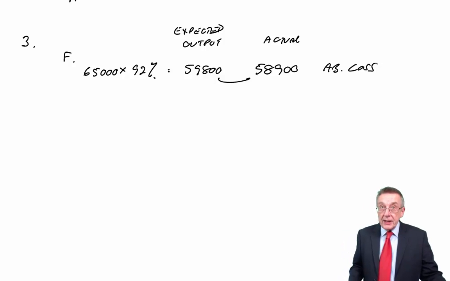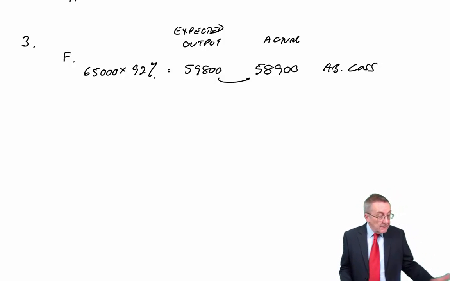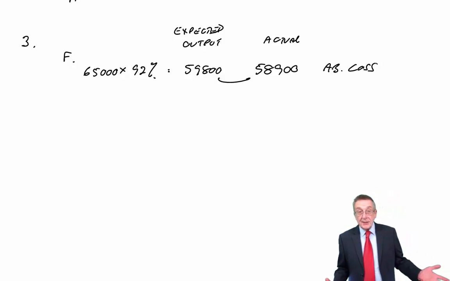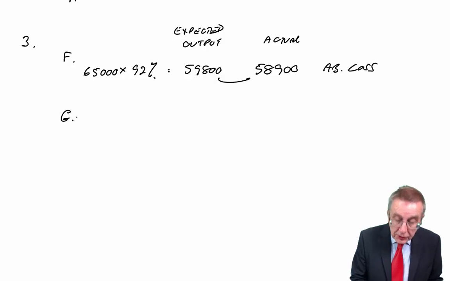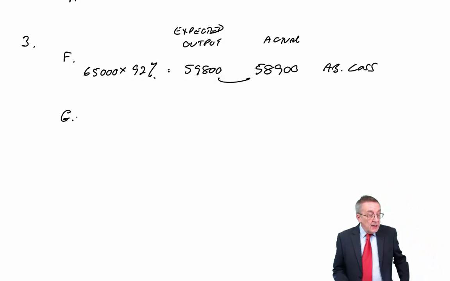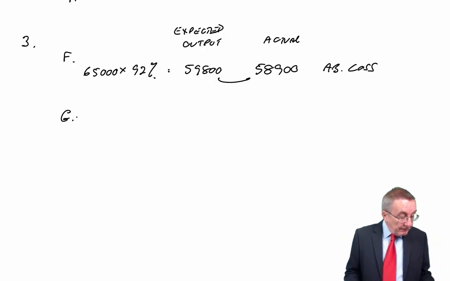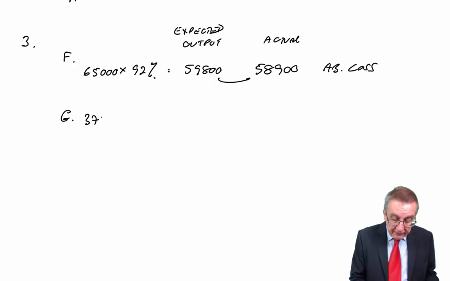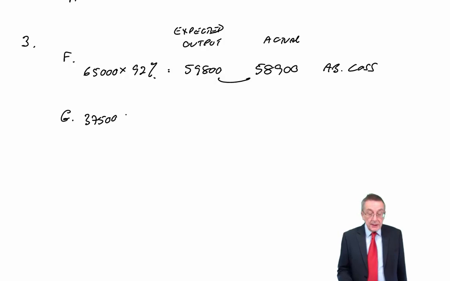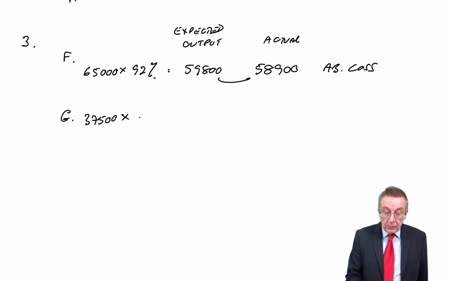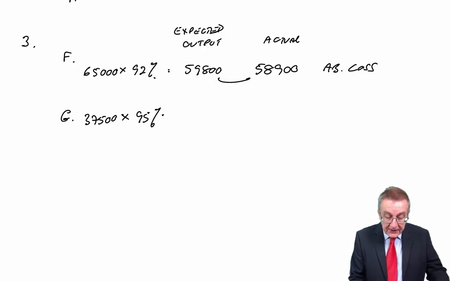And so although this one shouldn't come down to guessing, if you do end up having to guess, it has to be the answer C or D. 50% chance of getting it right. Anyway, if you can do one, you should be able to do both. So what about G? The input's 37,500. We expect to lose 5%, and therefore we expect we'll produce the other 95%.